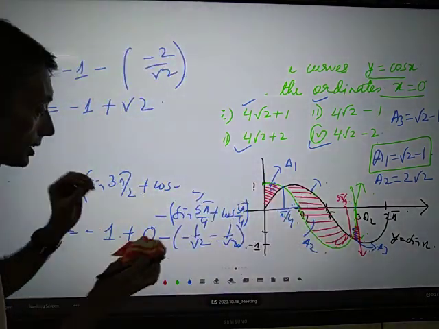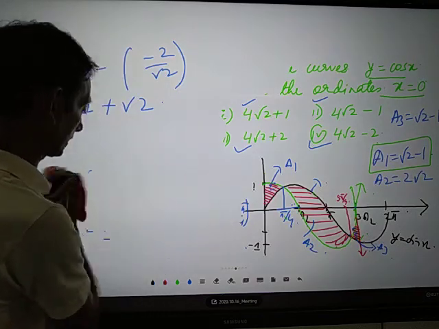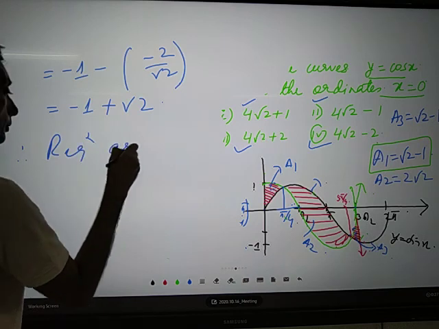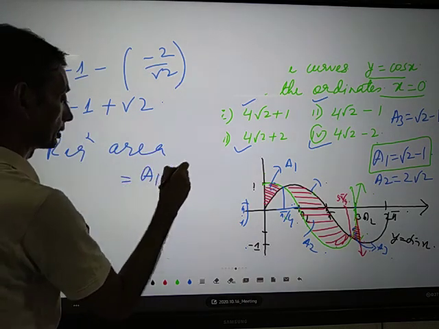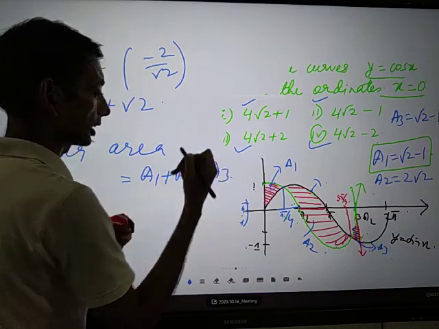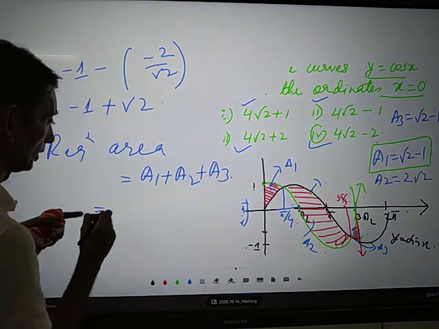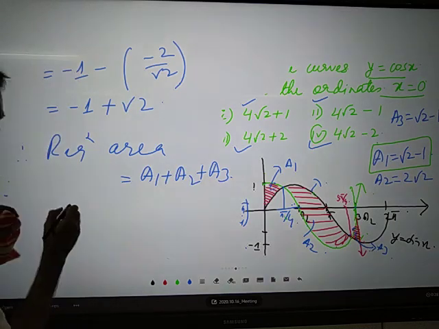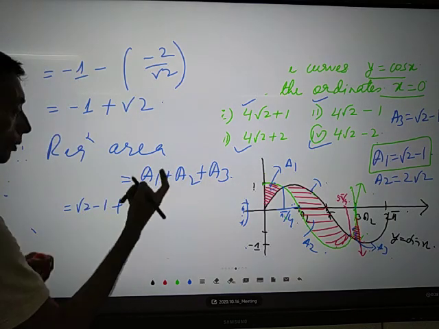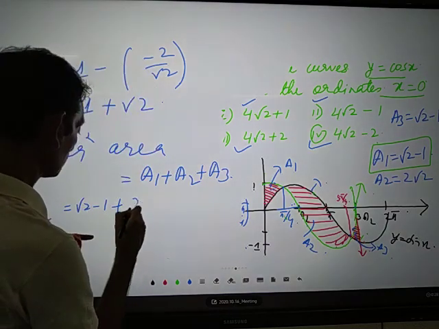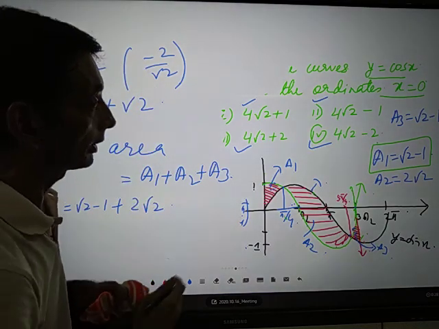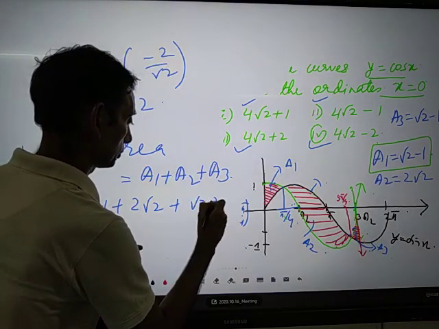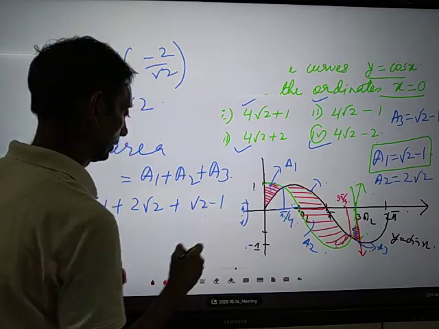So if we add this, we are going to get the answer. Let's see which option is correct. Therefore, the required area is equal to A1 plus A2 plus A3. A1 is equal to root 2 minus 1. What is the value of A2? A2 is 2 root 2. And A3 is root 2 minus 1.